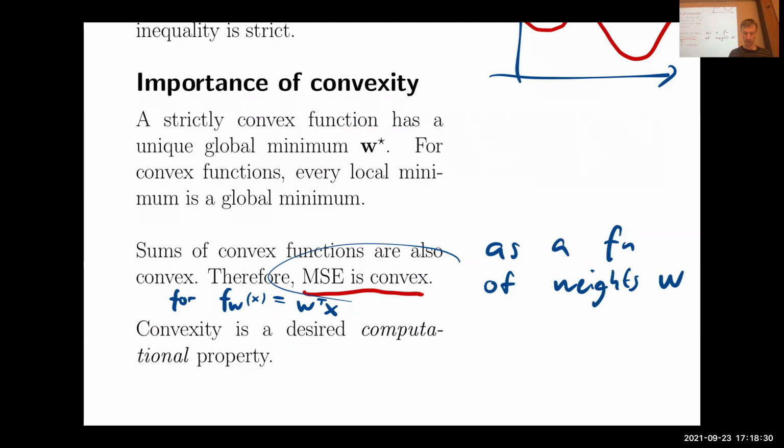So just be careful for what model we talk about. The model is of course important if you talk about the dependence on the weights. Just to clarify: as a function of the error it is always convex, and if you have a linear model, it's also convex as a function of the weights.